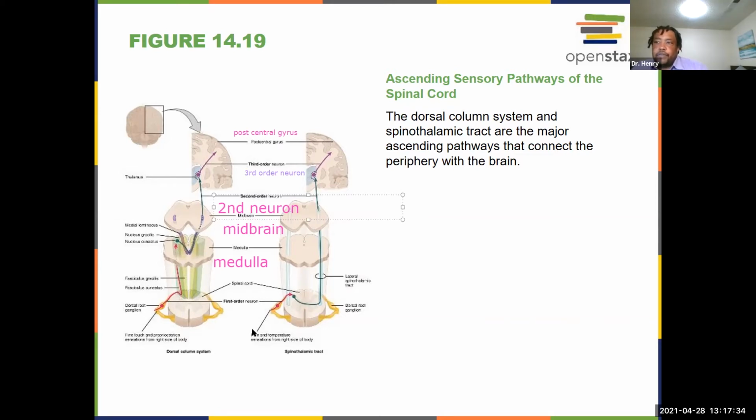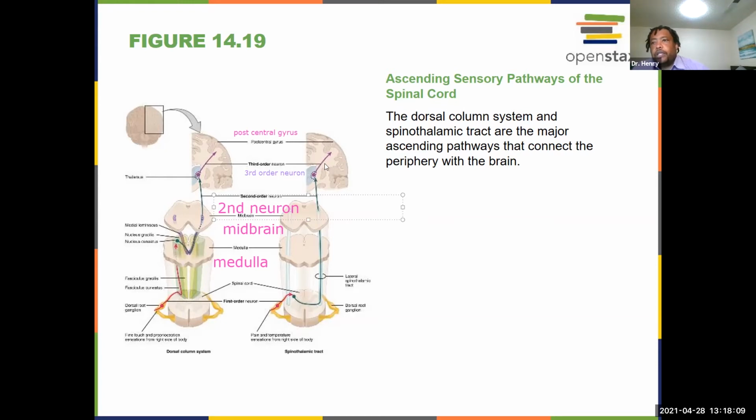In the case of the spinothalamic tract, that one is going to carry our pain and temperature sensations. That one is also going to go through a first order neuron, then connect to a second order neuron, and then to the third order neuron.